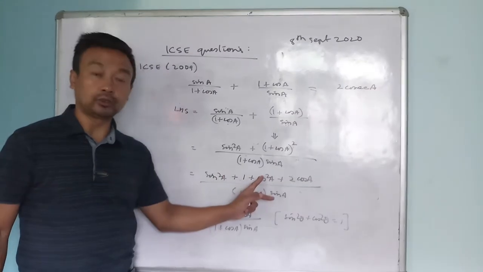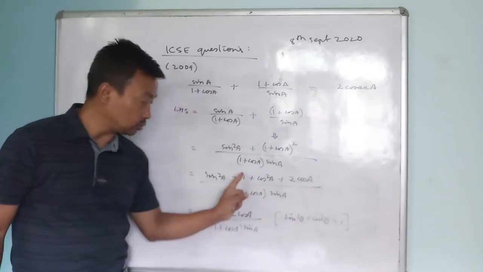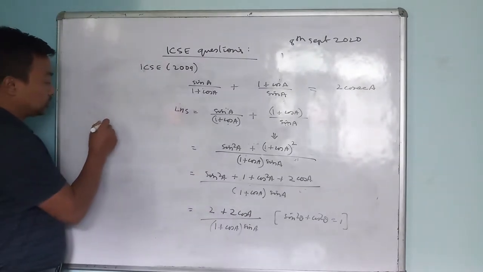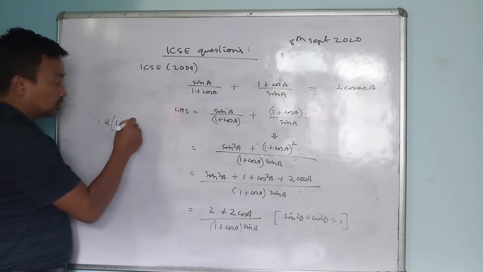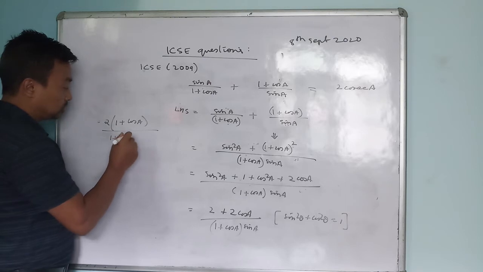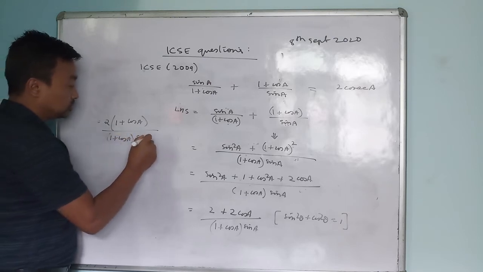Sine square A plus cos square A is 1. So 1 plus 1 is 2. Now if you look at this 2, we can see that 2 is common. So 1 plus cos A will be left upon (1 plus cos A) into sine A.